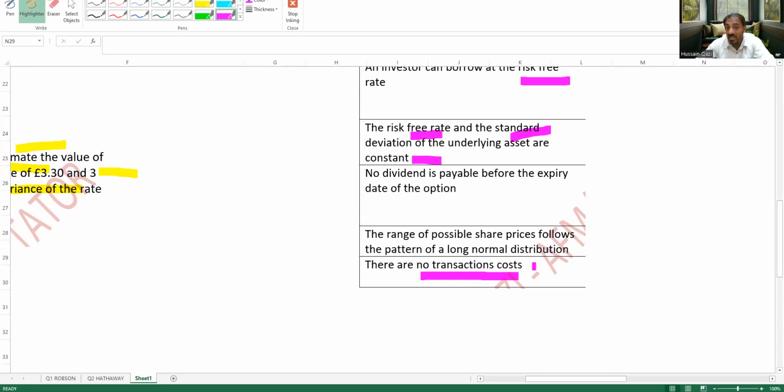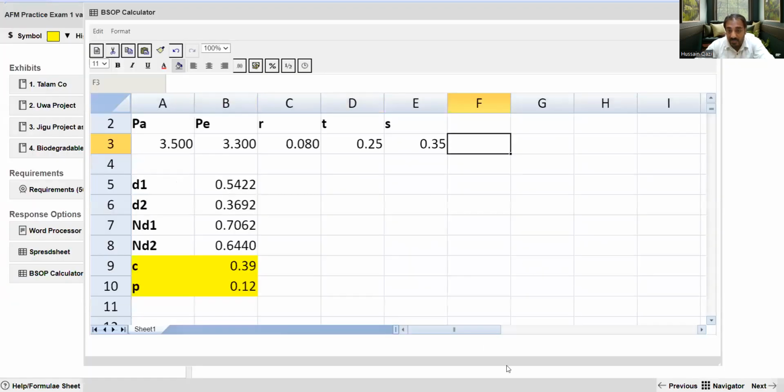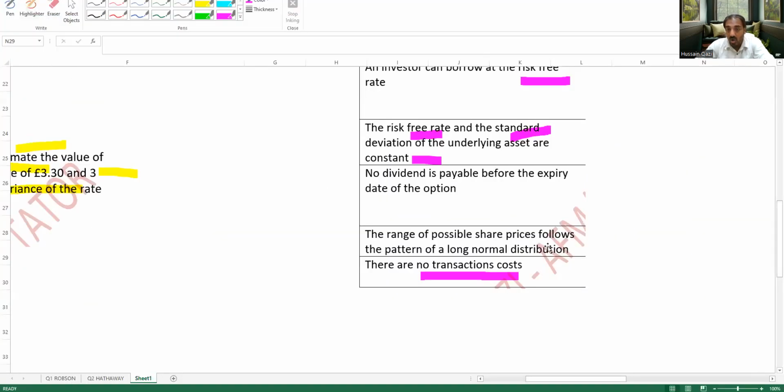We will use the table, which has a background of normal distribution, the stats we use. And the very important thing: you must assume that during the exercise, 1 year, 2 years, whatever the time, there are no expected returns.